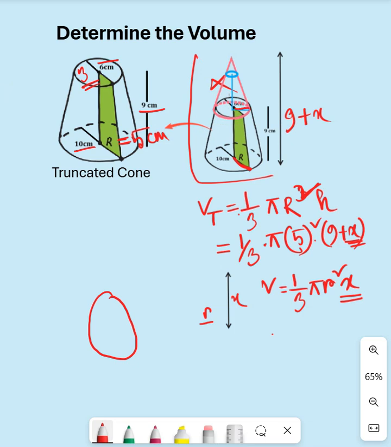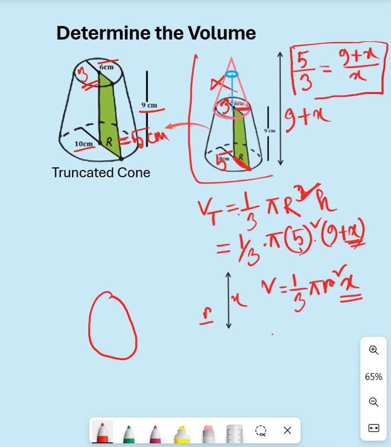So this length is 3, and this length is 5, and this is 9, and the total is x plus 9, right? Indeed, the large radius 5 over the small radius 3 equals the large height, the total height, which is 9 plus x, over the small height, which is x.